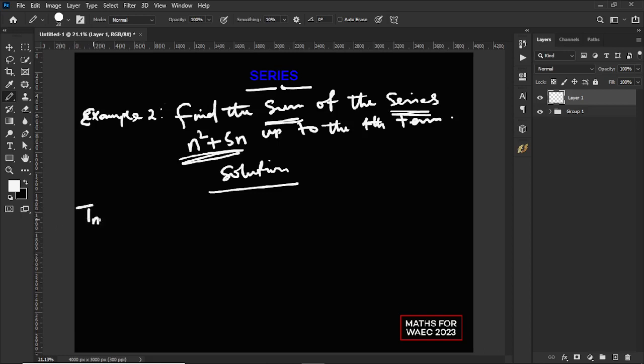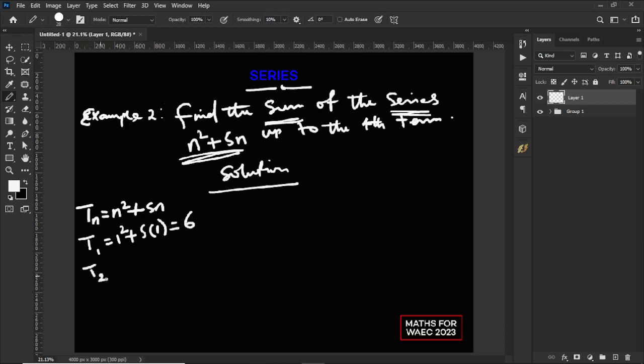So if we have that Tn is equal to n squared plus 5n, then T1 equals 1 squared plus 5 times 1, which is 1 plus 5, equals 6.